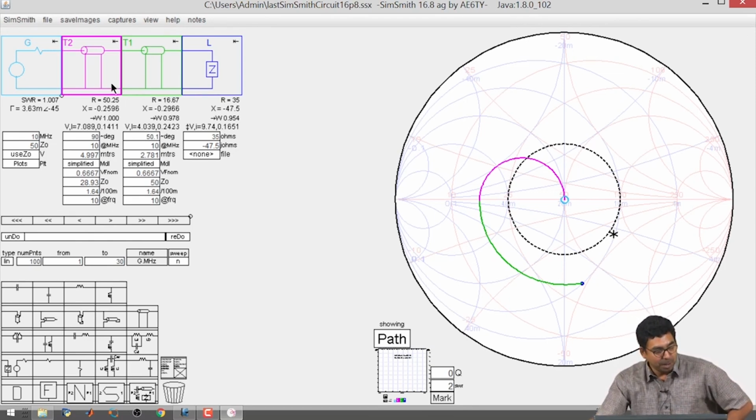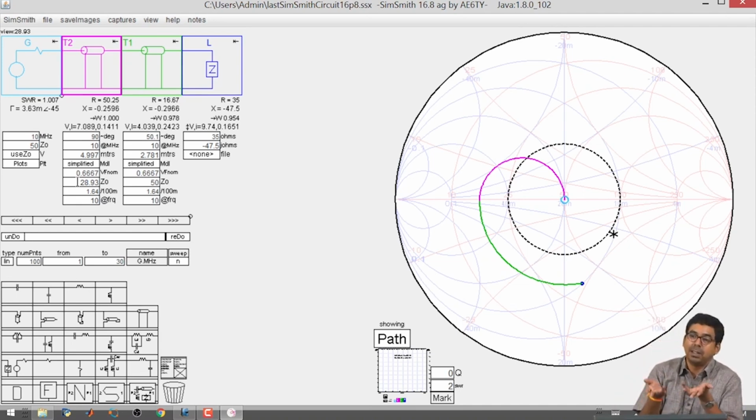But then finally to do the matching, you still need something with a Z0, which is 28.93 in this case. So you will have to manufacture a specific kind of cable to do this again, right. So the quarter wavelength transformer, though, can be used for bringing complex loads to the matching condition, you will still need to make custom cables, and in many cases this is not going to be possible.